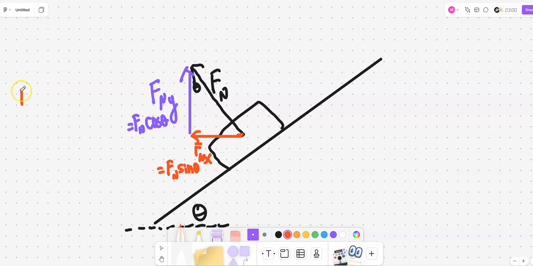The force normal in the x direction is equal to force normal sine of theta, and force normal y will be equal to normal force times the cosine of theta.